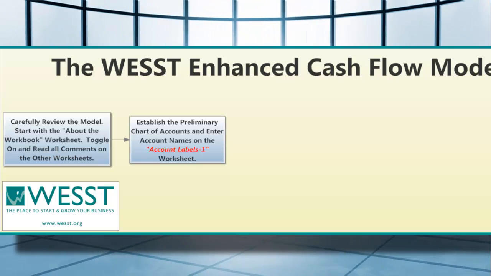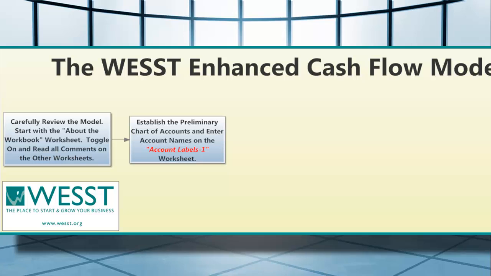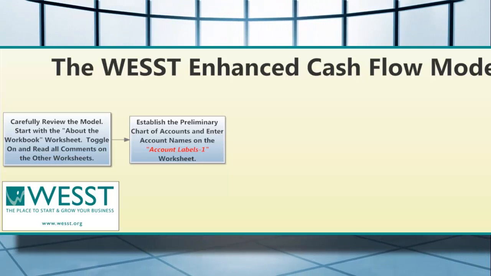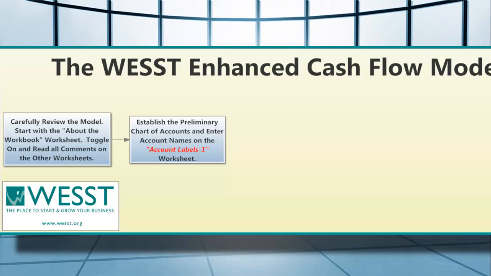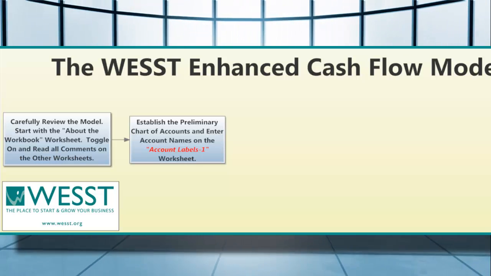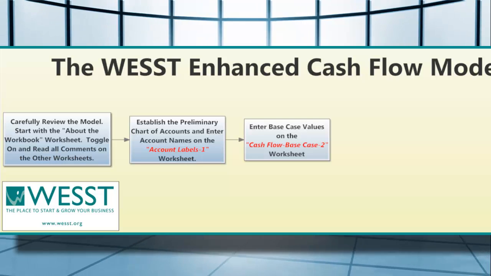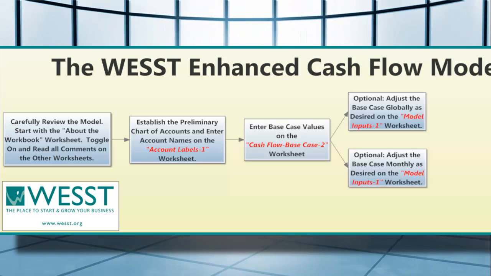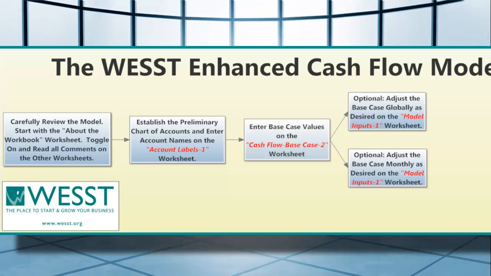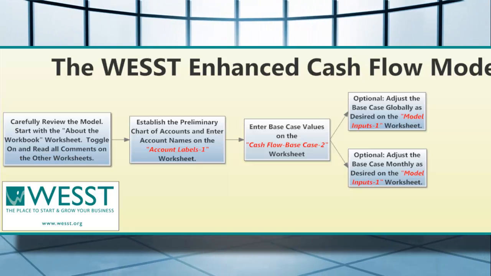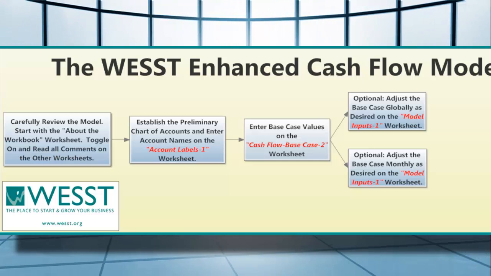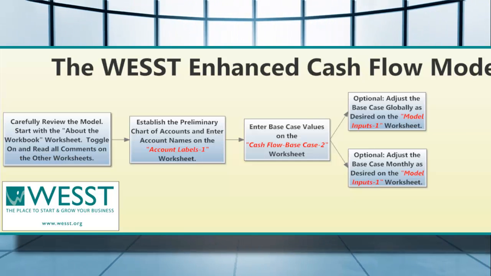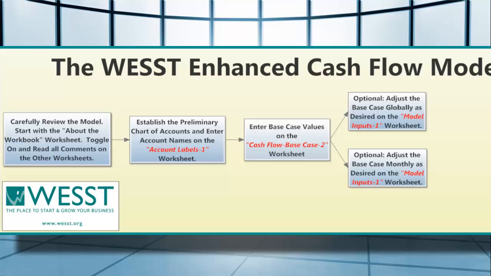A convenient aspect of the model is that the user has no information to enter on any other worksheets except the 2 yellow input worksheets and the Cashflow Base Case 2 worksheet. Once the initial input information is entered, including the Cashflow Base Case -2 worksheet, the user can then elect to either make global adjustments to the model and/or monthly adjustments.